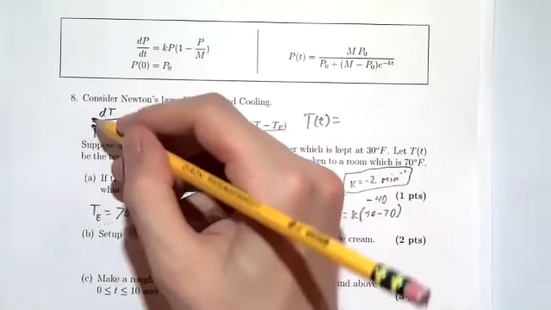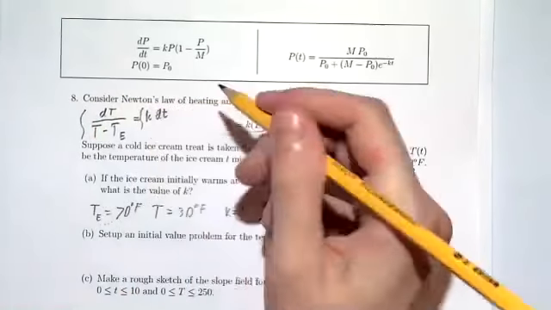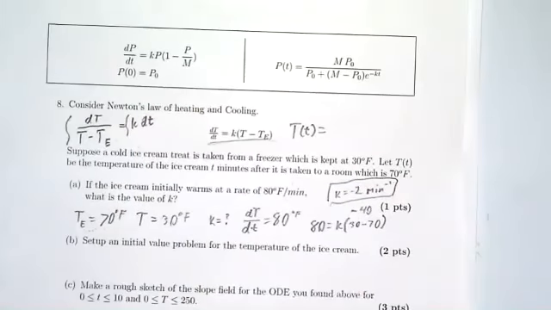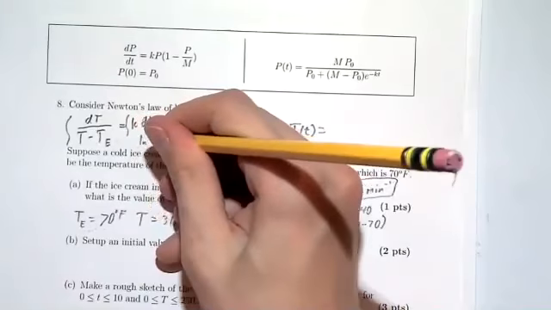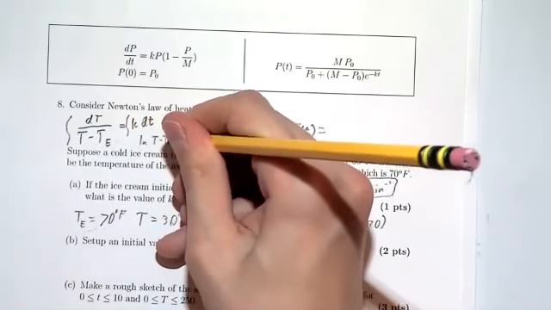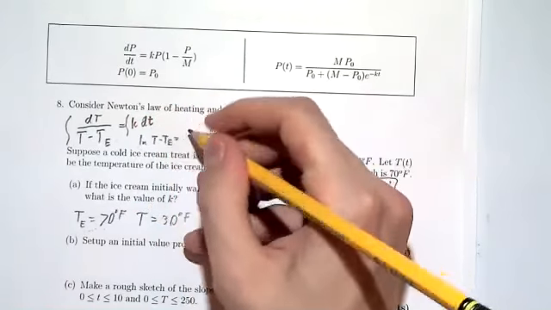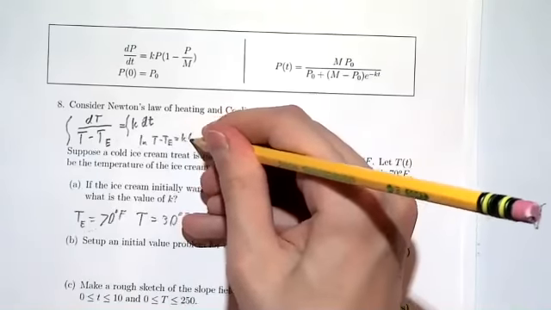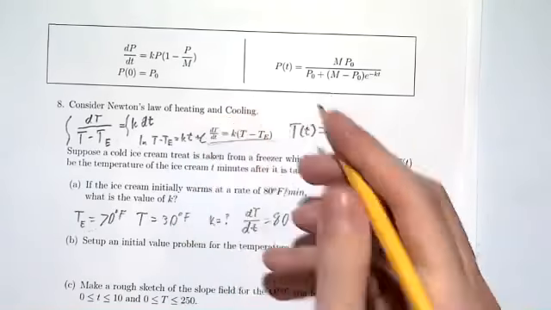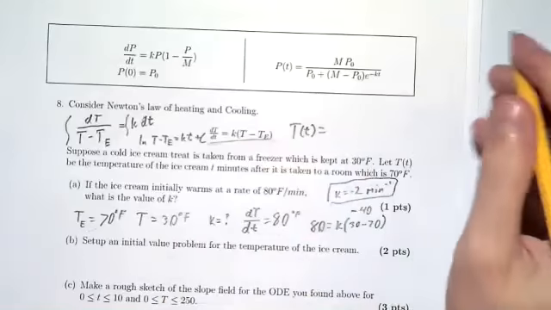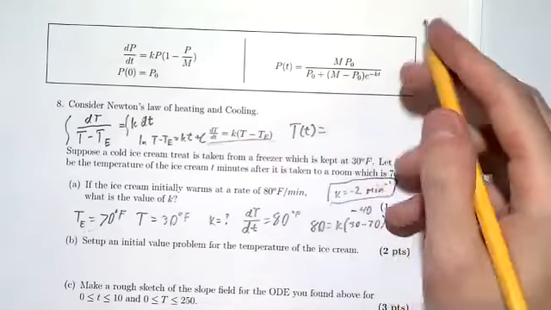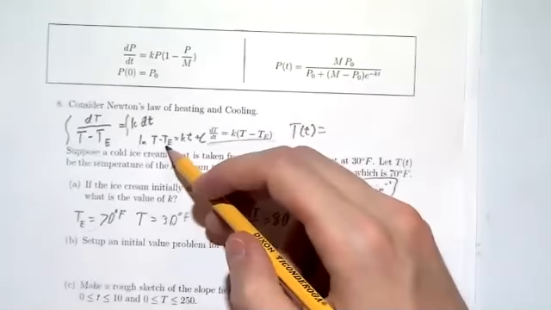So then taking the integral of both sides, we get natural log of T minus T_E is equal to K t plus C. Take the exponent of both sides, and I'm going to shorthand this.